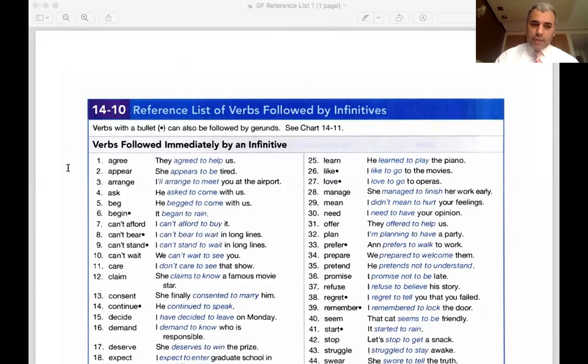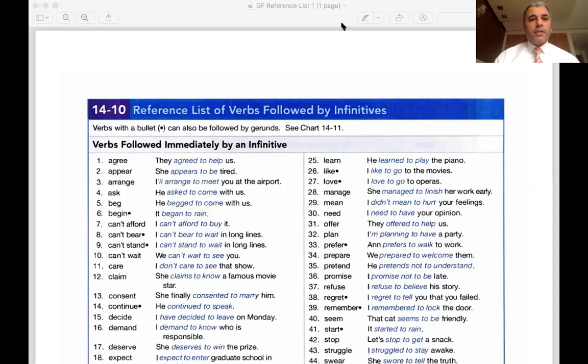You need to remember these so that whenever you have them, you use a gerund after that. When you have a star like this, it means that they can also be followed by an infinitive. These expressions like can't stand, begin, bear, they can also be followed by infinitives. This is what you need to remember. Okay, this is one list.